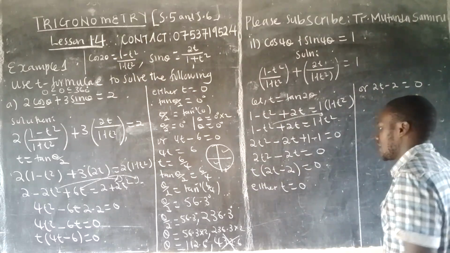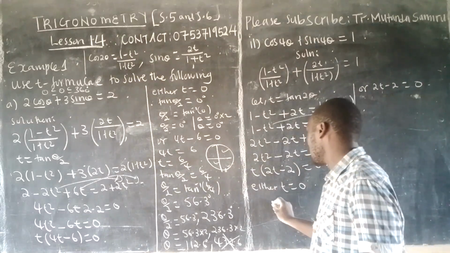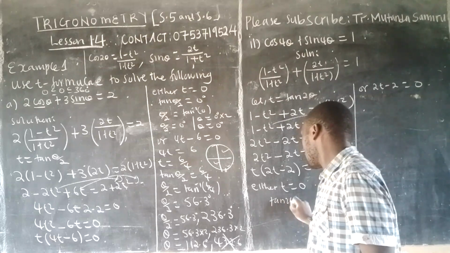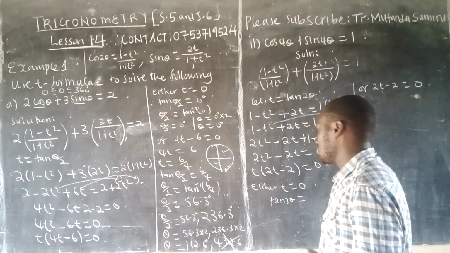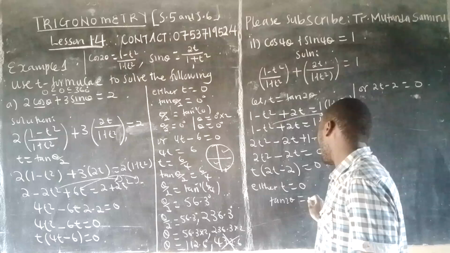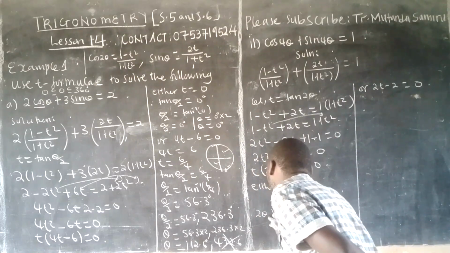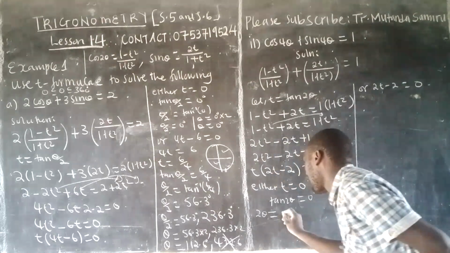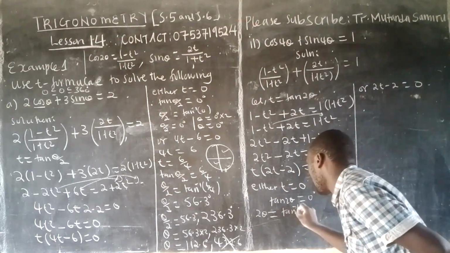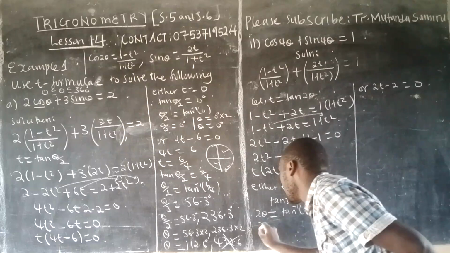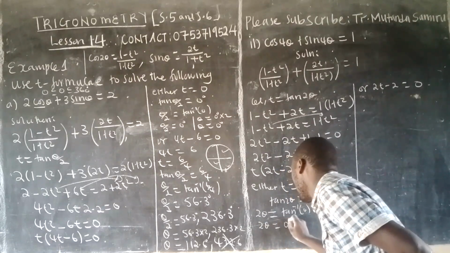I want to handle each at a different time. Our T was tan 2 theta, which is equal to 0. So therefore 2 theta is equal to tan inverse of 0, and here 2 theta will just give us 0.